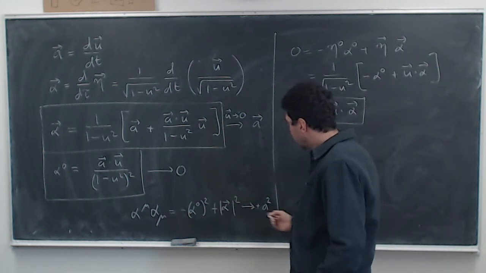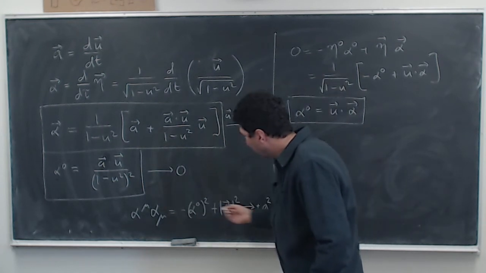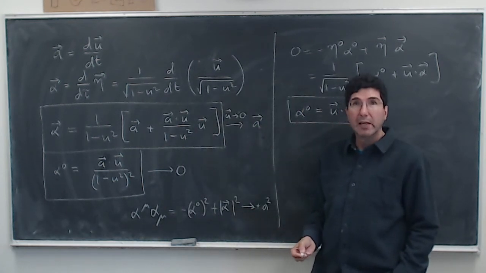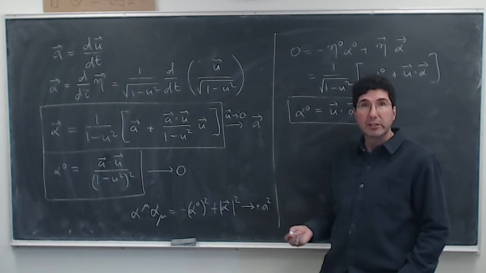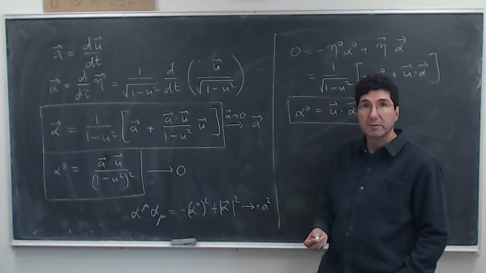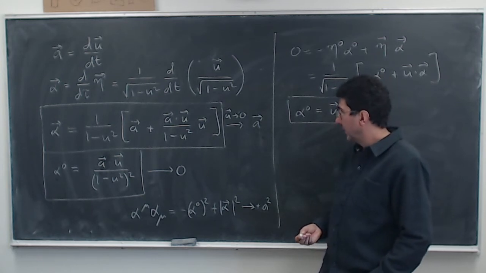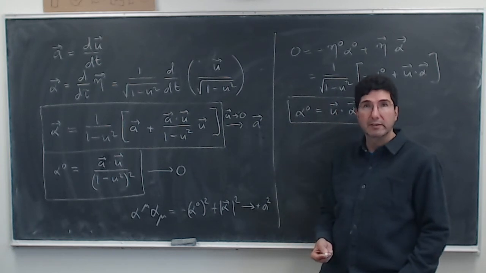But the sign of this thing has to be the same in every reference frame. So this is always positive in every reference frame. And so what we learn is that the 4 acceleration is always a space-like 4 vector. And in the instantaneous rest frame, its spatial components are just the ordinary acceleration.